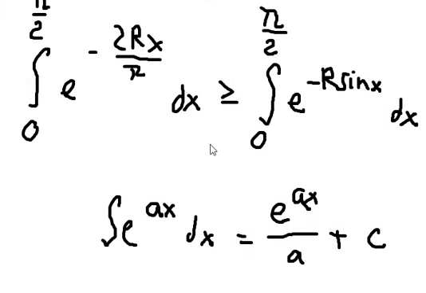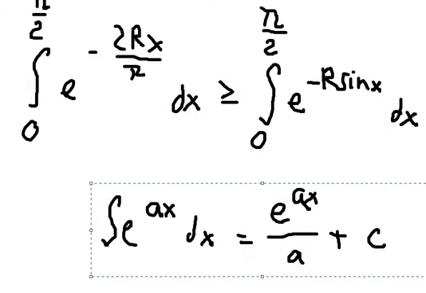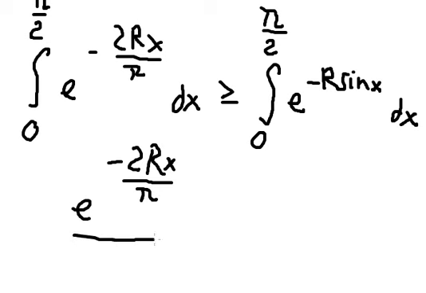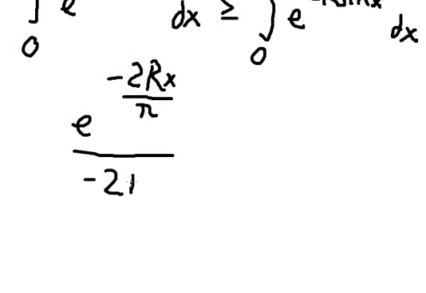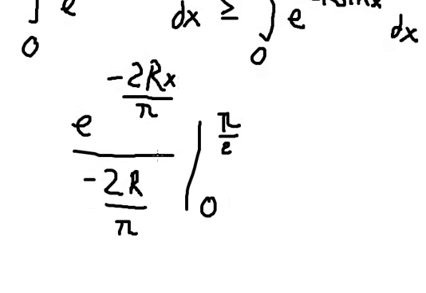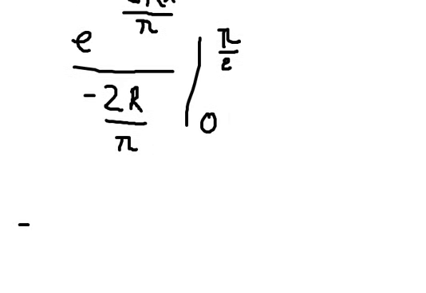The integration of this one will be e to the power of negative 2rx over b, divided by negative 2r over b. And we put the bounds from 0 to b over 2. So we put b over 2 here and number 0 here, and this one we have like this.